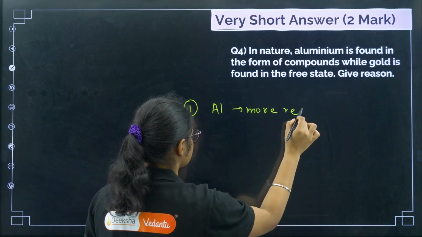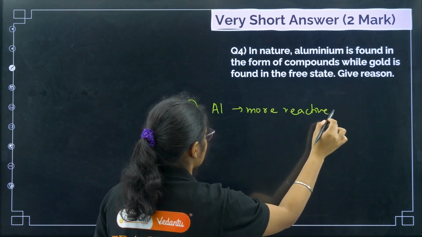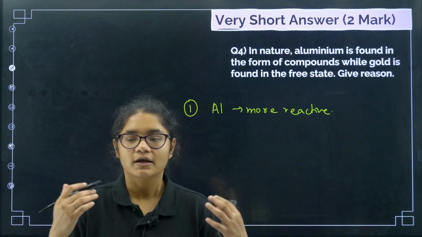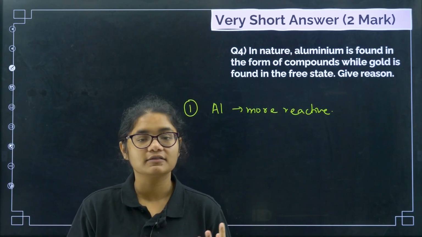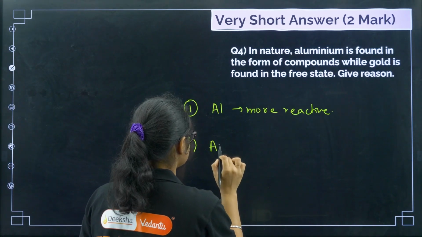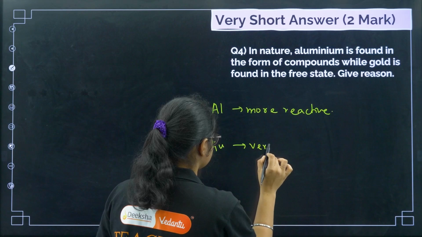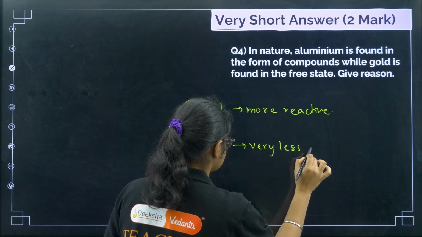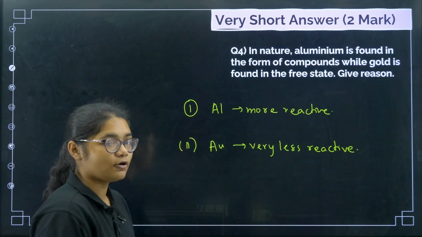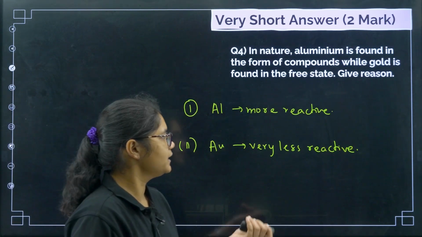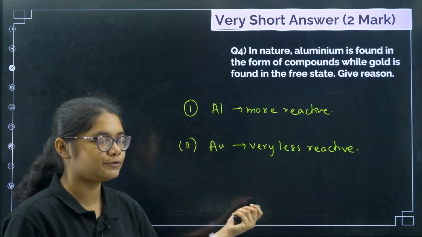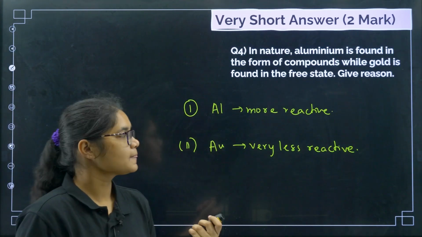Because it is more reactive, it reacts with oxygen, carbon, carbonates, and remains in the form of compounds. Whereas gold, you can write gold is very less reactive, right? So it doesn't form any compounds, and that is why it is available in the free state. Okay, just 2 points you need to write, you can get 2 marks.